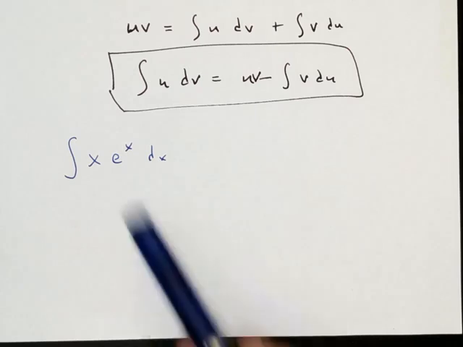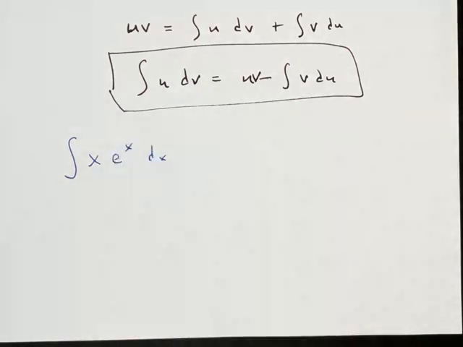If I tried to say, well, that's an outside and an inside, but the inside would only be x, if I changed that, I'd end up just changing all the letters, and that wouldn't do me any good at all. So I'm going to say this is really a product of things, an x and an e to the x, and that product cues me in. I should look at the product rule.